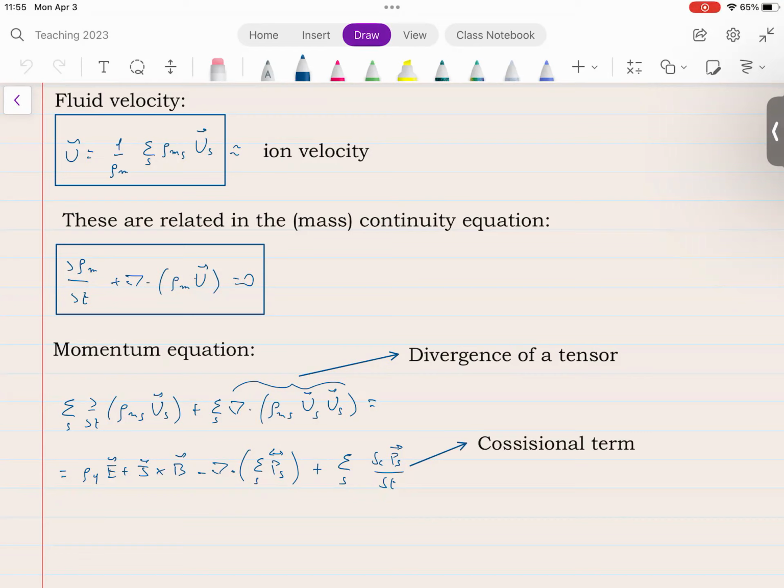I'll let you read those in the book, because it's not something I feel we should spend too much time on. Okay.